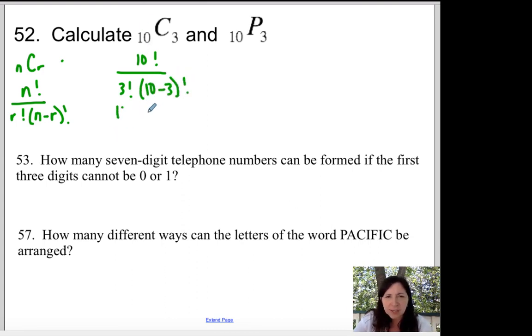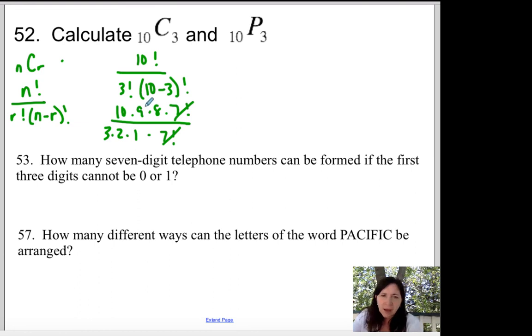That's 10 times 9 times 8 times 7 factorial over 3 times 2 times 1 times 7 factorial, since 10 minus 3 is 7 factorial. So these end up canceling. 3 divides into 9 3 times, 2 divides into 8 4 times, 3 times 4 is 12 times 10 is 120. So I get 120 for this value.